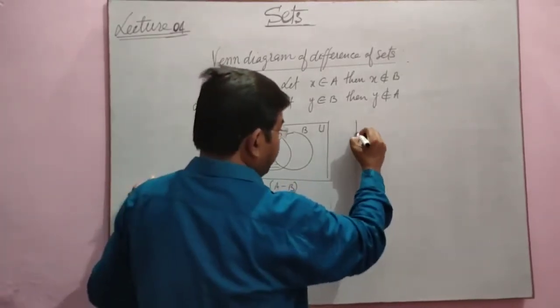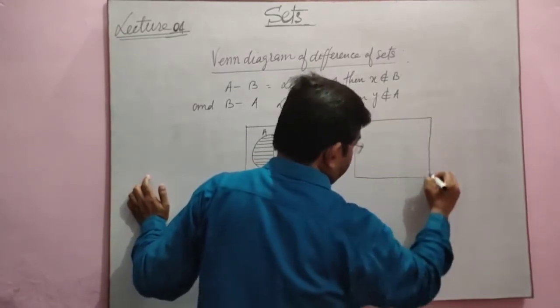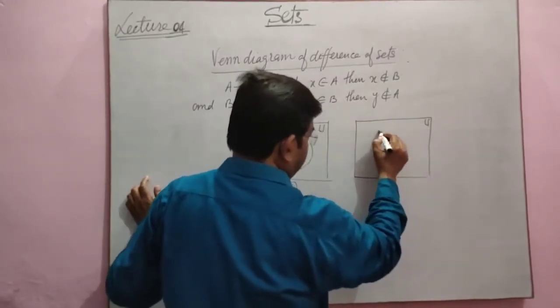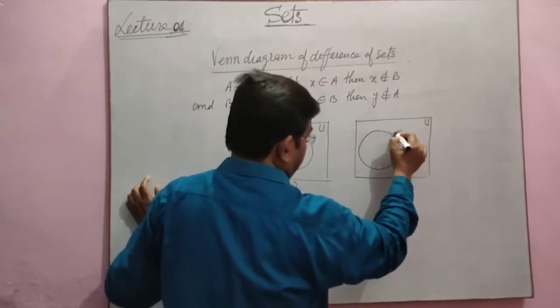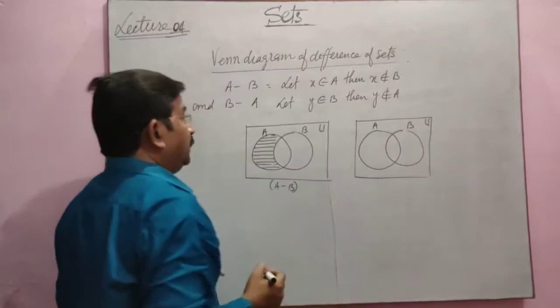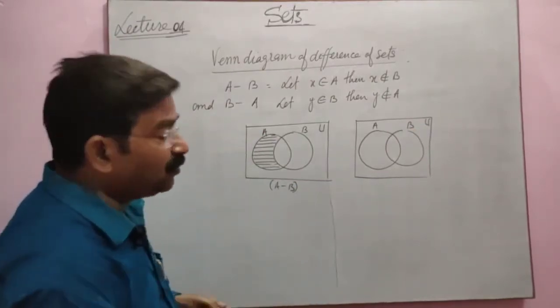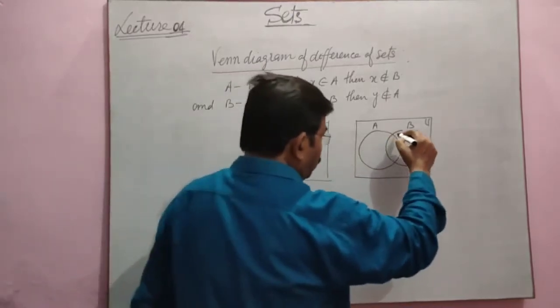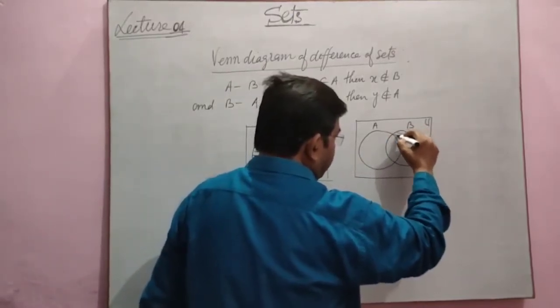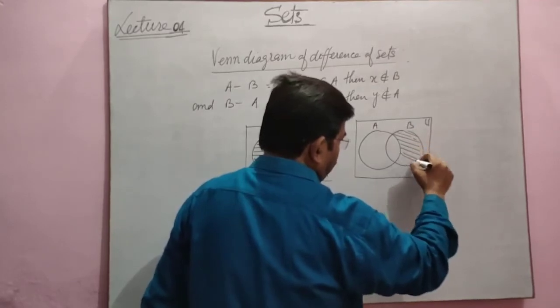Now see, this is the universal set, a set A and set B. B minus A means elements of B which are not found in A. So this portion is what?